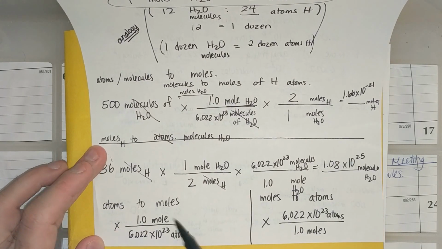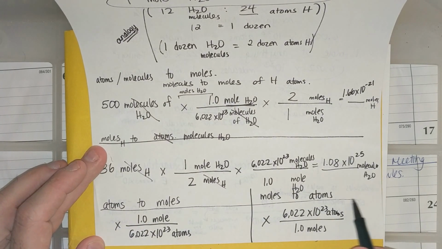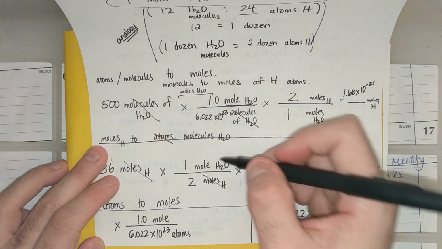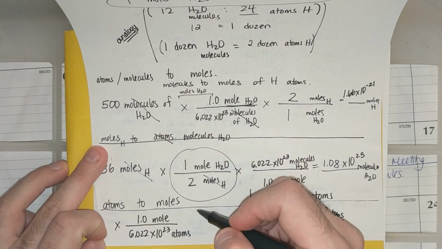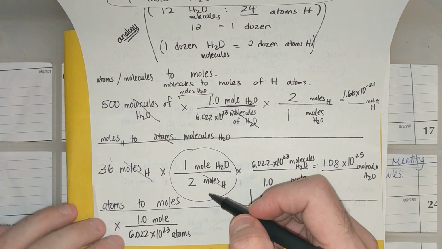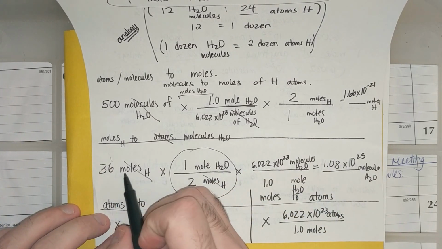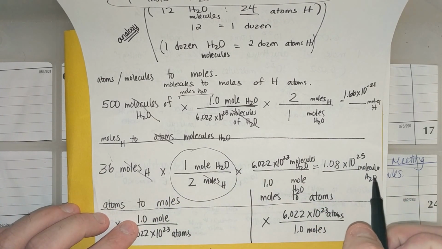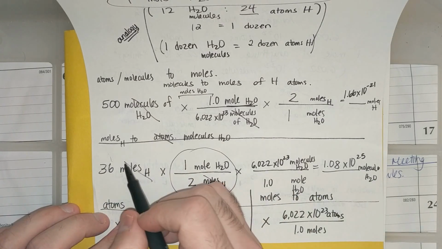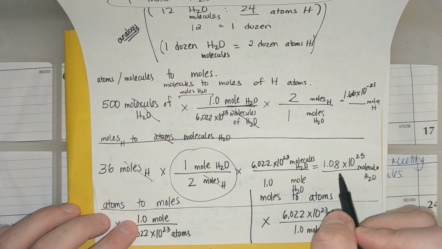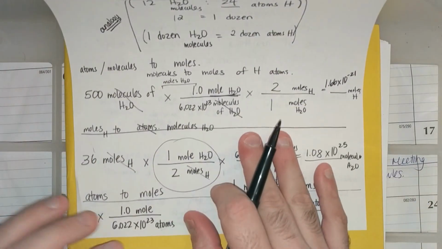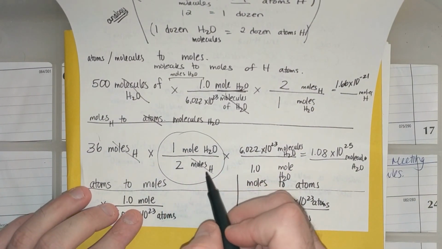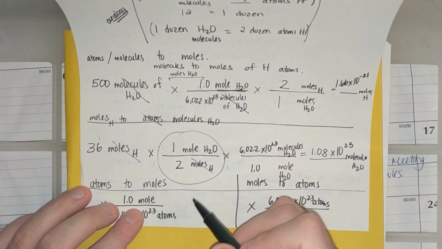Okay? And be careful, the only other thing that I did not put down here is that when you have relationships between atoms or moles in a molecule, you have to multiply by that relationship, right? So to quickly recap, if I had moles of H and in the end I wanted something with water, I have to relate my H to water. And I use the chemical compound or the chemical formula to figure that out.